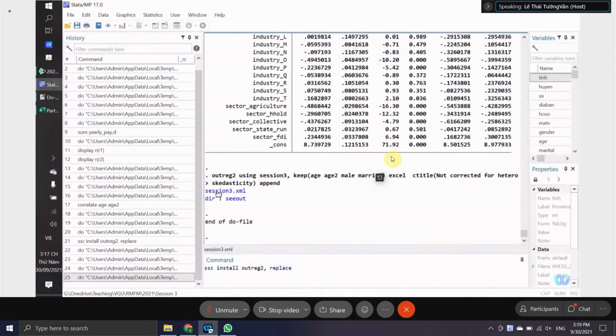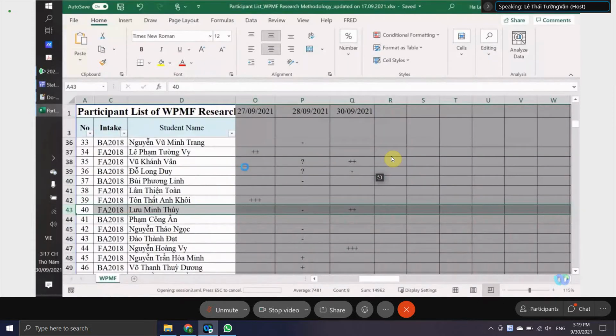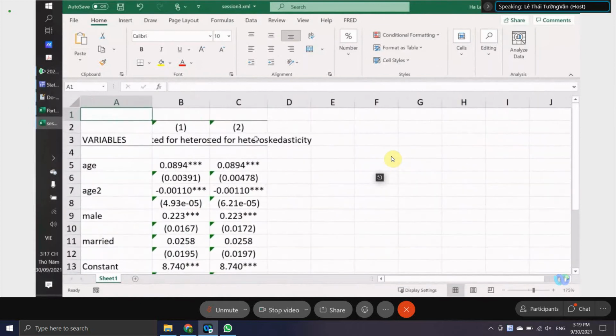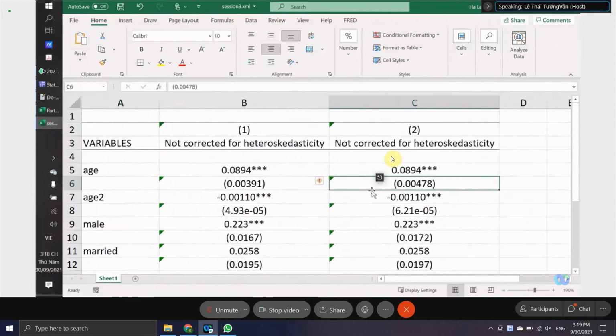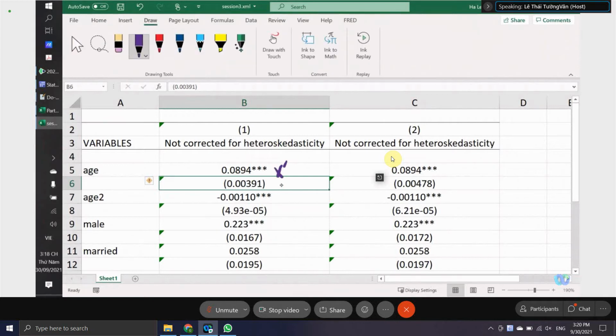In comparison, if you correct for heteroscedasticity, you will see that the error term of the one that is corrected for heteroscedasticity is larger than the other. That is, we use the wrong assumption. So in this case, this one is nothing more than following the X prime X to the minus 1 sigma square.